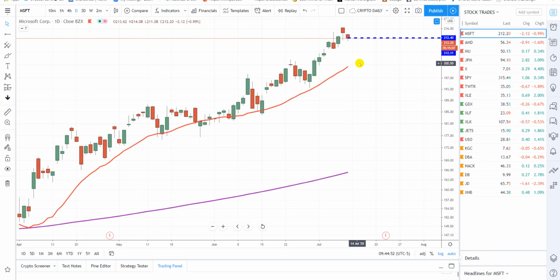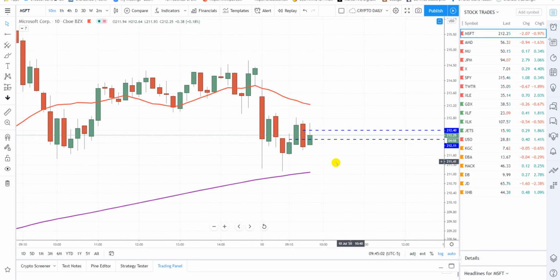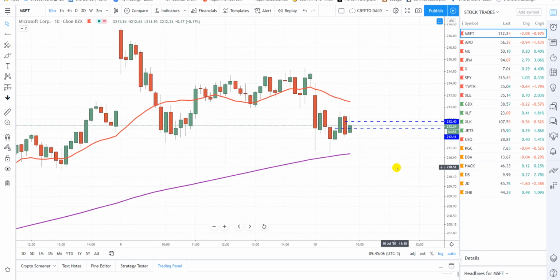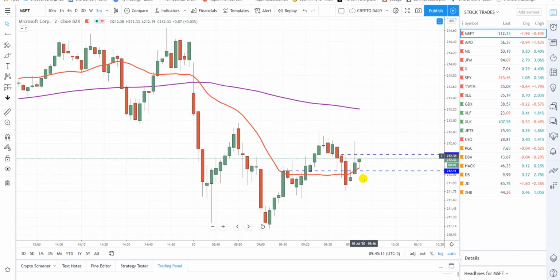So probably some profit taking going into the end of the day. So the sentiment's more to the downside than the upside, but we like playing these pushes to the upside if we can get them from time to time.